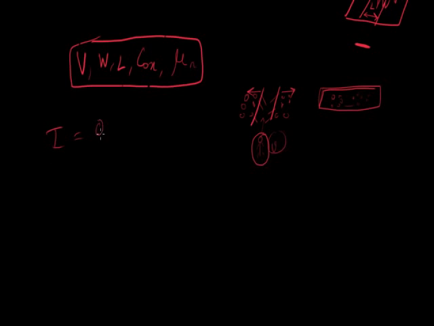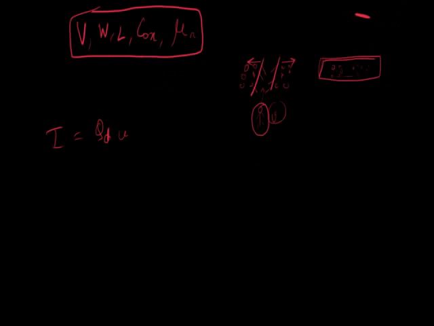We said the current is given by QD times the velocity, correct? Alright, let me change the color of the pen here. It's getting boring. Let's use a bright yellow. Okay. So let's first look at what QD is all about. From the capacitance of a capacitor, we know that C equals Q over voltage.